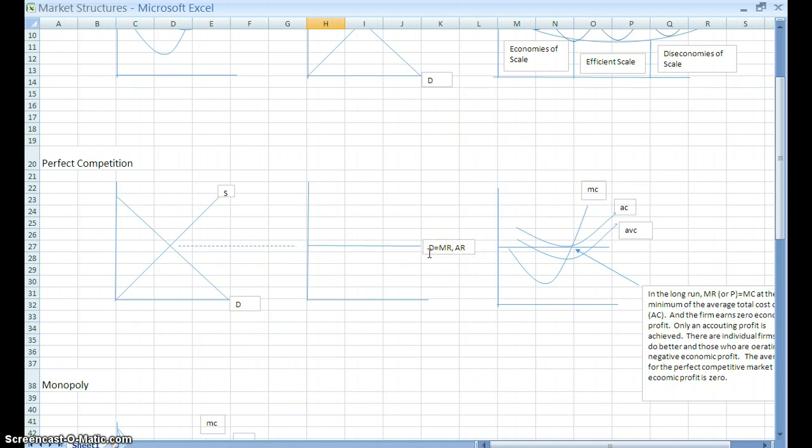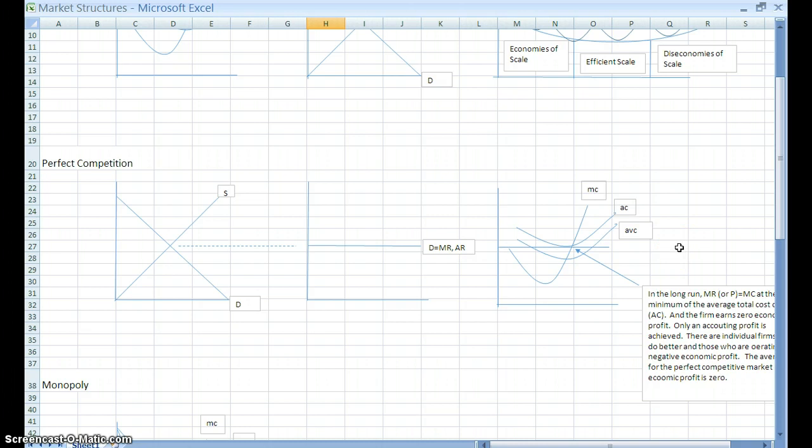So when we overlay the demand curve onto a typical cost curve for a farmer, for example, making wheat, what we'll find in the long run average is that the farmers will operate where the demand intersects the minimum of the average cost curve, which means they make no economic profit.